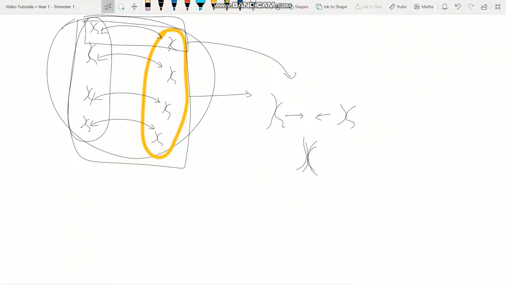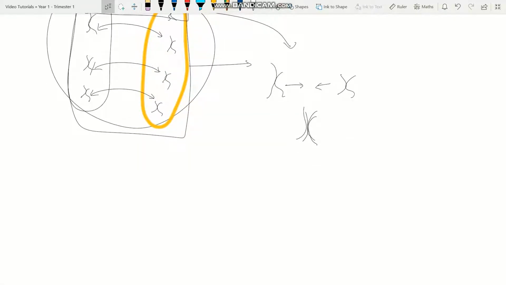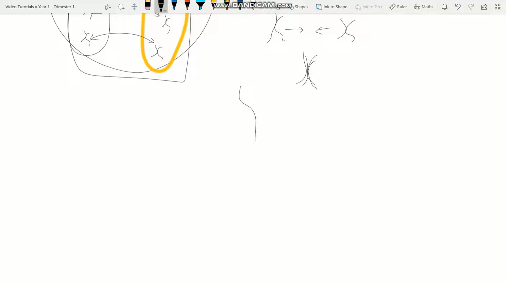So once these homologous pairs or tetrads have been formed, they undergo crossover. And I'll draw the chromosomes a little bit bigger for this. What essentially happens during crossover is that the 2 homologous chromosomes are able to swap complementary genetic material.